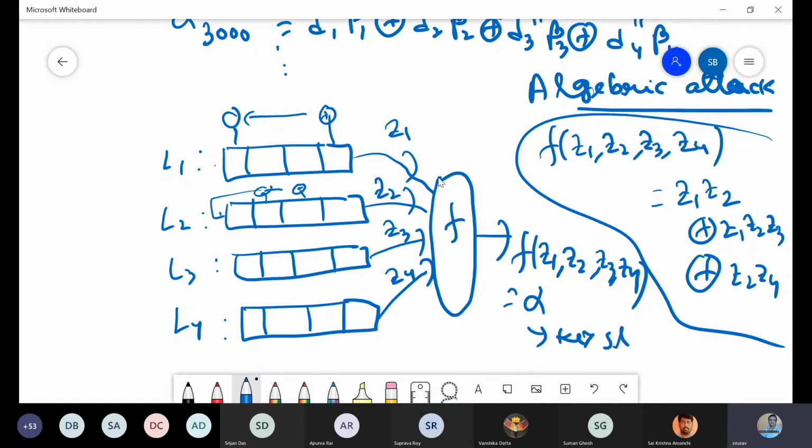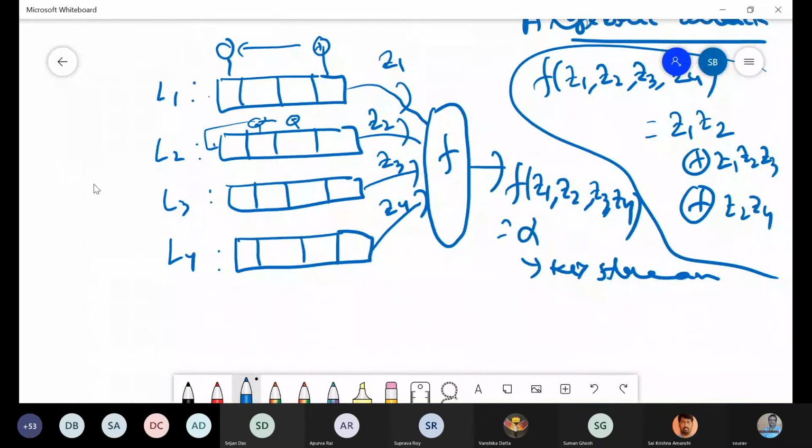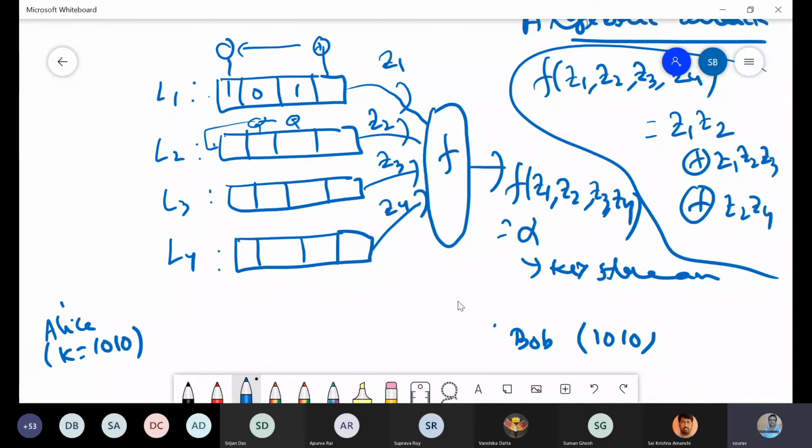Every time, Alice has a secret key, say 4 bits, which is shared between Alice and Bob, so Bob has the same key. Alice puts this key as the initial state of the LFSRs. All have to be filled, so we use the same values for all the LFSRs.